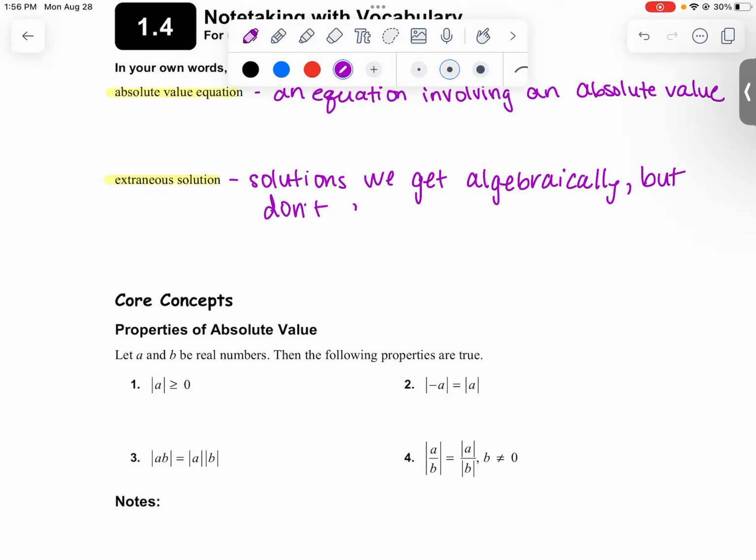But they don't actually work. So if it is possible for us to get extraneous solutions, then we better be in the habit of checking our answers to make sure that when we plug them back into our equation, they actually make sense.